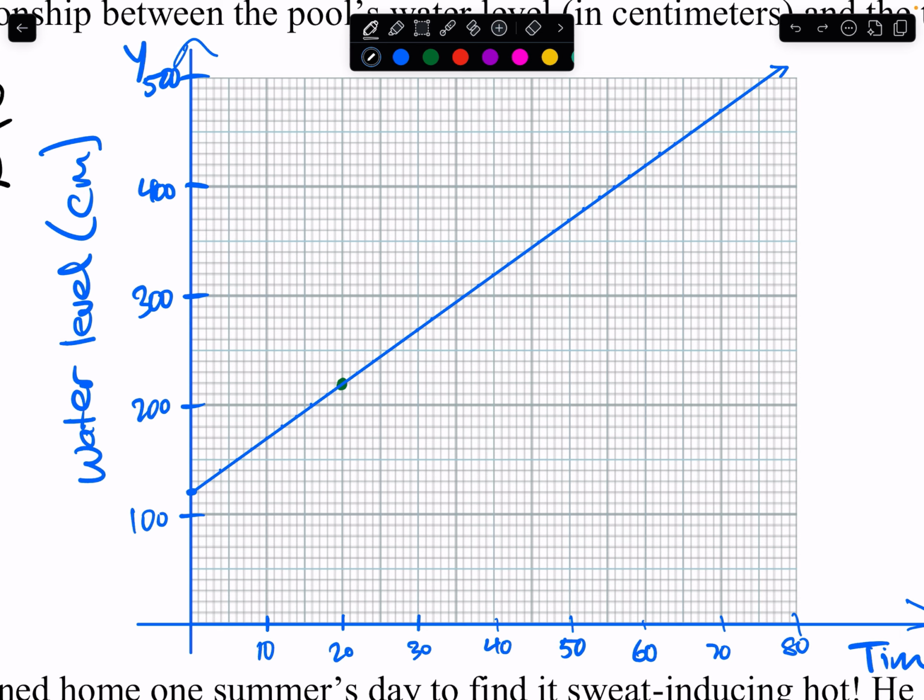But hopefully you can take a look at my graph and agree that this green point is in fact the point 20, 220. If we trace this line down, the x-coordinate is 20. Trace this line across, and the y-coordinate is 220.